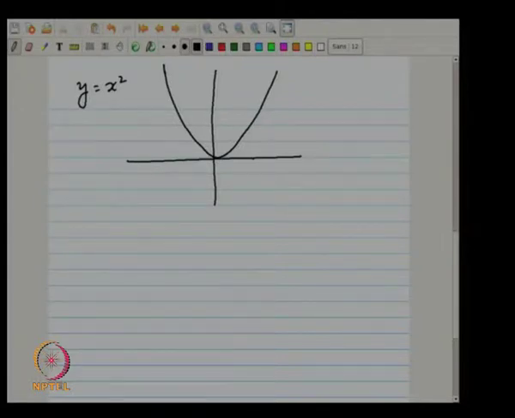So, consider some point A on the x axis, this is x and this is y. So, this point corresponds to A square.